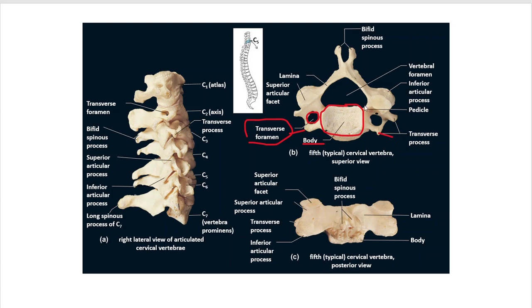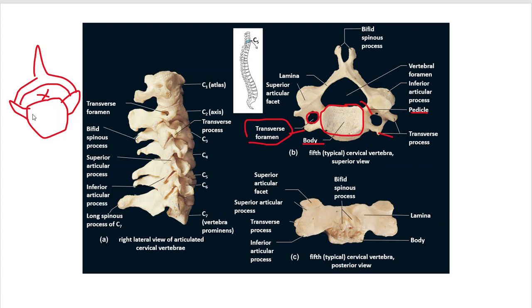And between the body and this transverse foramen is an area called the pedicle. These are going to be on all the vertebrae, guys. Let's see if I can draw. It's usually going to look something like this. Transverse. And coming off of there is going to be a little piece. And of course, that's where the spinal cord sits.